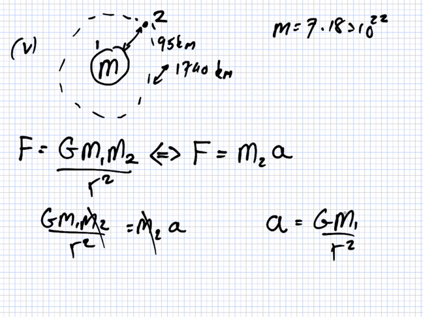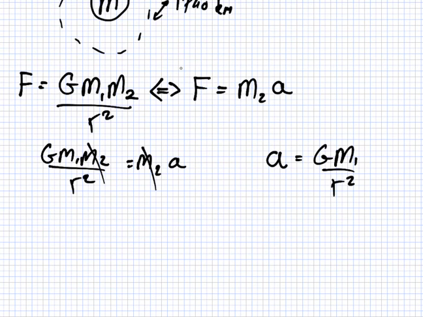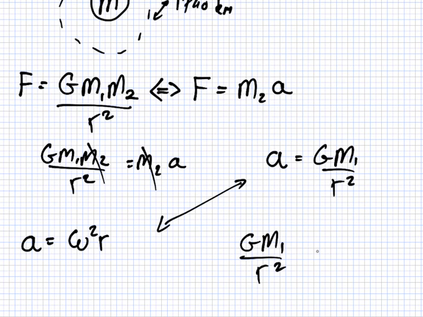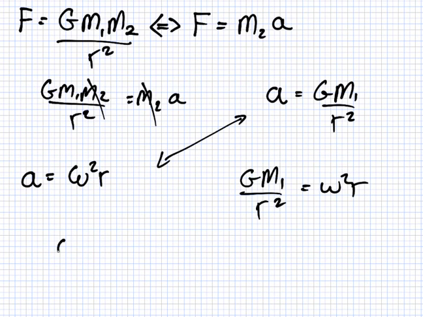Now I know the mass of the moon. It's given. And I know the radius. I just add these two numbers together. Do I have a formula for acceleration in circular motion? I do. In circular motion, you know that a equals omega squared r. So now I can make these equal. I get GM1 over r squared equals omega squared r. So I get GM1 over omega squared equals r cubed.